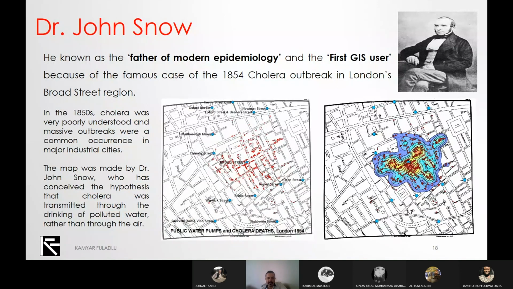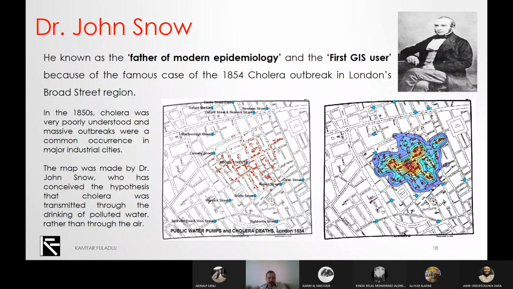In London during the 1850s there was a cholera problem. And this cholera was poorly understood. The people thought that this was coming through the air, the pollution or the virus through the air.